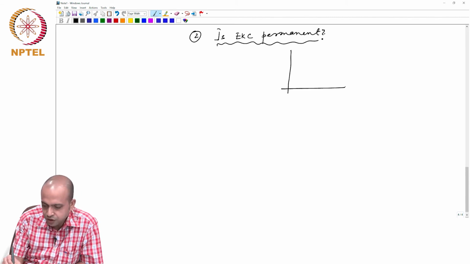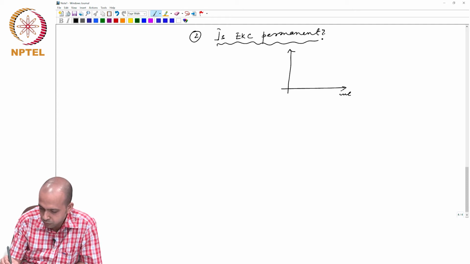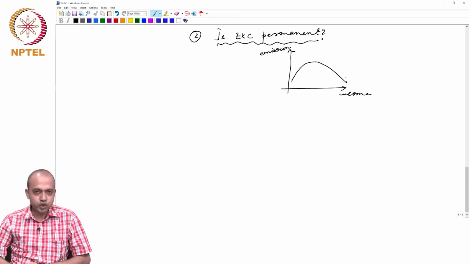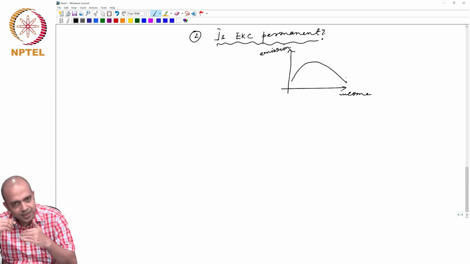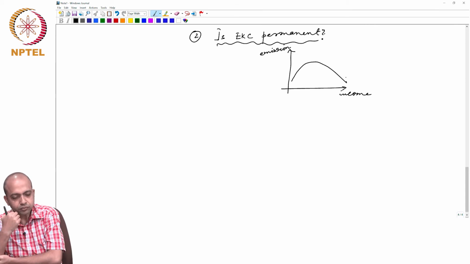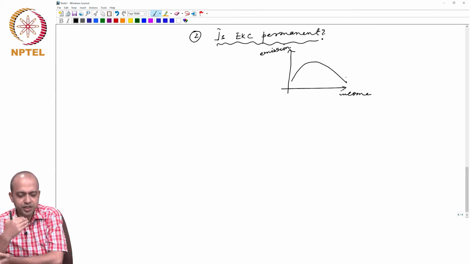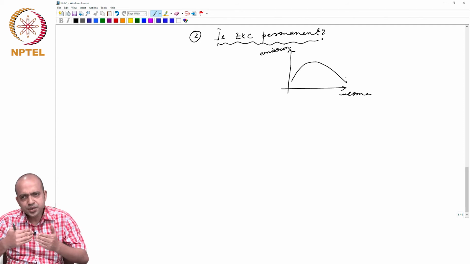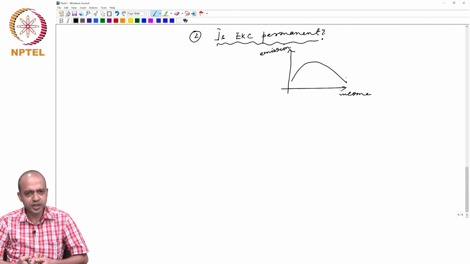So, when we measure EKC by, this is income, this is let us say emission, what we assume is that as income increases, environmental quality starts declining, that means emission per capita starts increasing, but this pressure on environment is temporary.